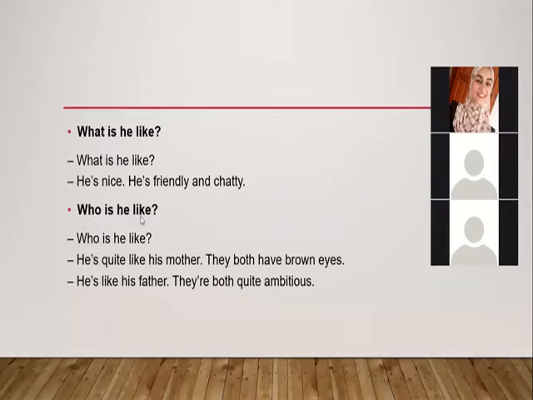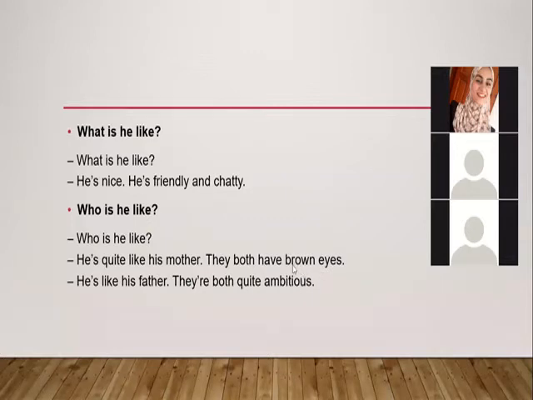Who is he like? It means who does he resemble? Who does he look like? So, he's quiet like his mother. They both have brown eyes, or he's like his father. They're both quite ambitious.